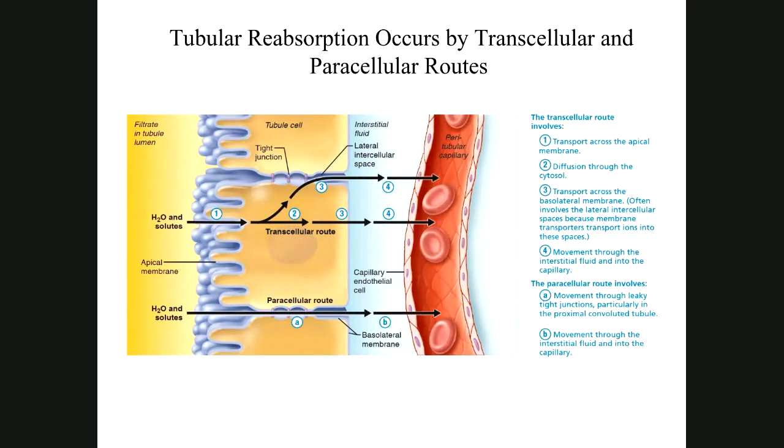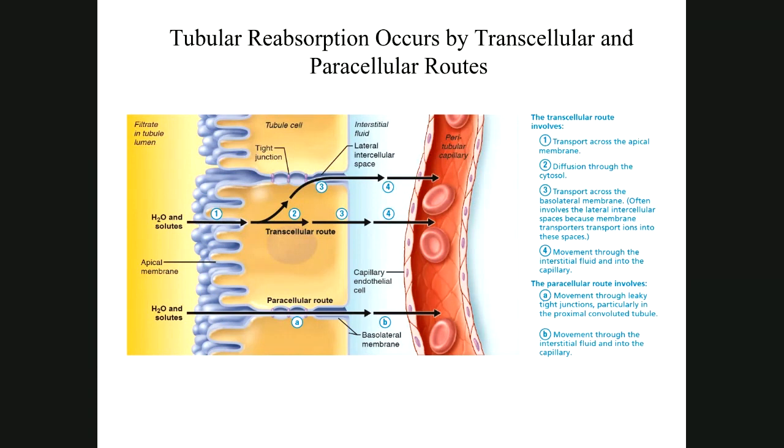And then from the interstitial fluid into the capillary. For the paracellular route, it involves movement through leaky tight junctions, because they are very limited. If they have some tight junction there, it cannot happen easily. But leaky ones can do it, particularly in the PCT.